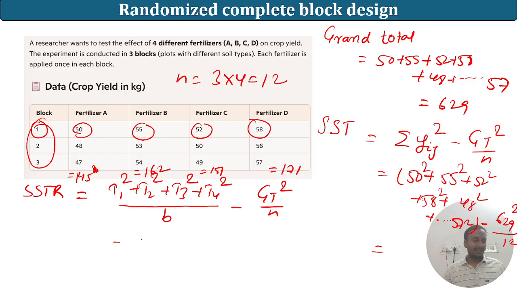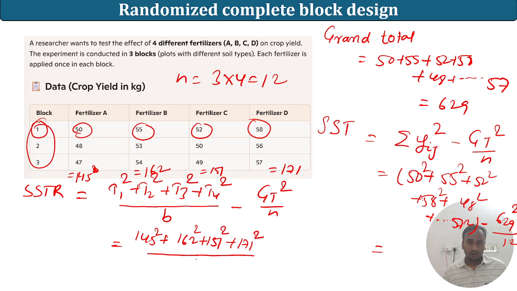So SSTR will become 145 square plus 162 square plus 151 square plus 171 square by 3, minus 629 square upon 12. We will get some value.